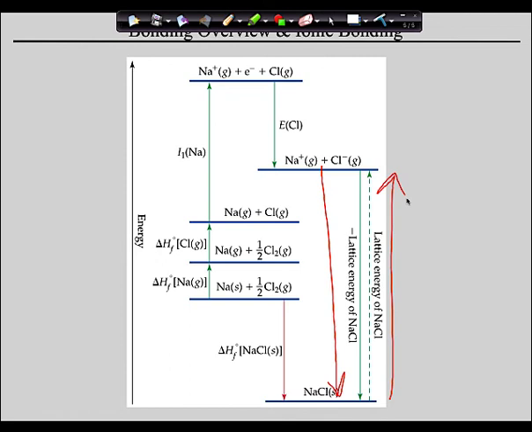Okay? Now with that said, they will ask you questions on the test about which of these salts would have the highest lattice energy. Which one of these salts would be the most stable, therefore having the highest lattice energy? Here's the problem. They're not going to give you tables.